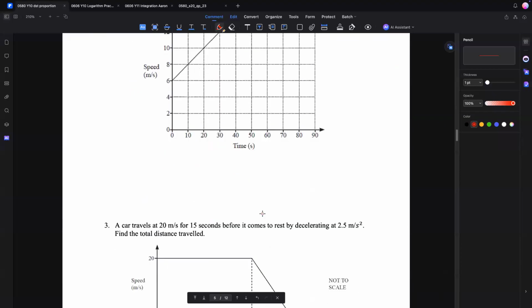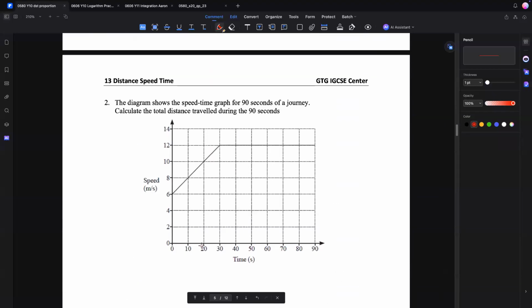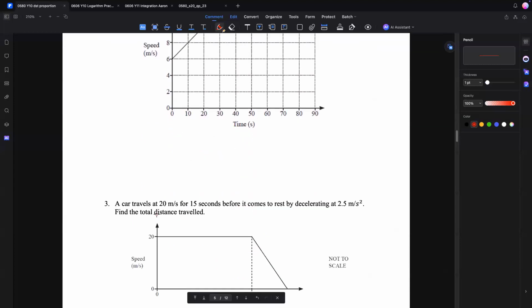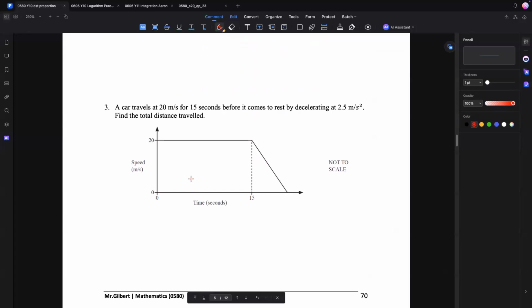Okay. So I want you guys to try 2 and 3. It's the same concept.